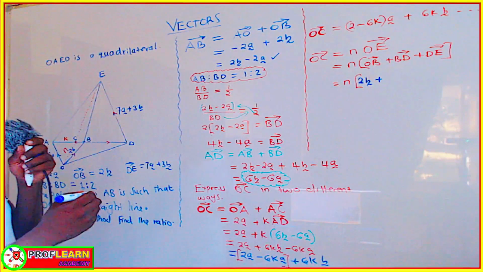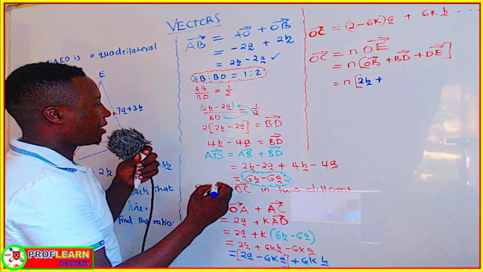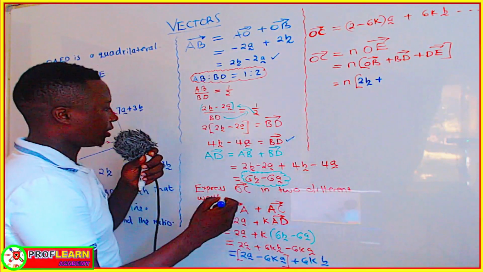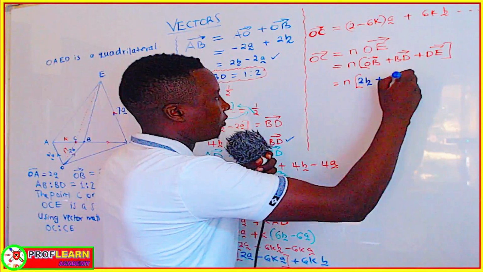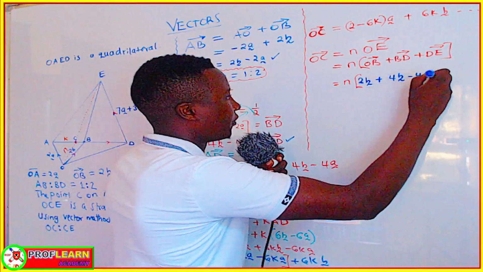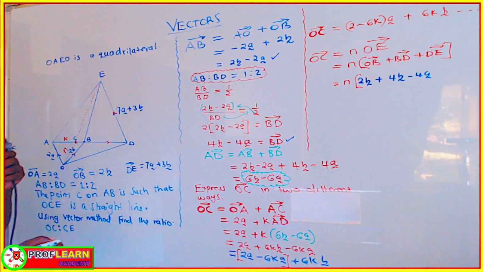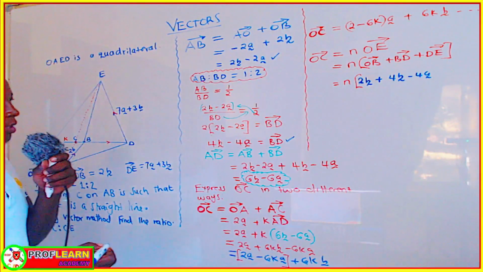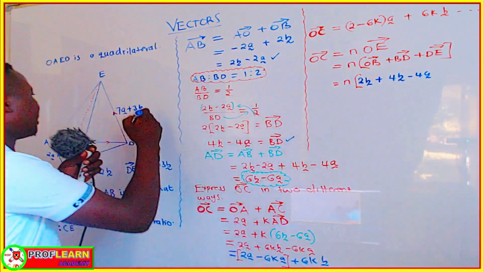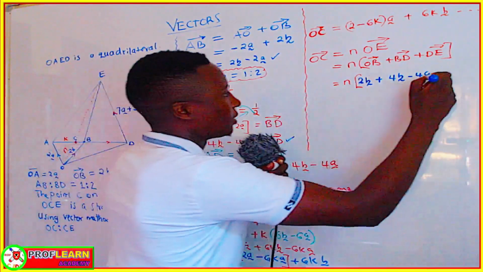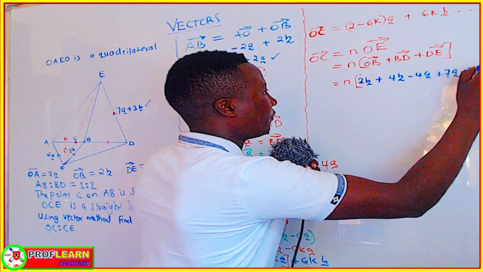BD we got at this particular point, which is 4 vector B minus 4 vector A. We also know our DE, which is given at this point as plus 7 vector A plus 3 vector B.